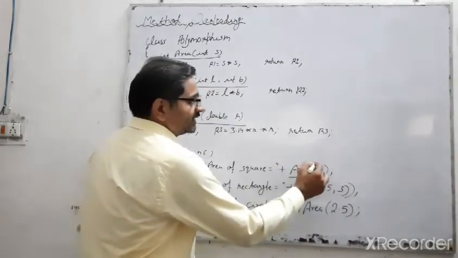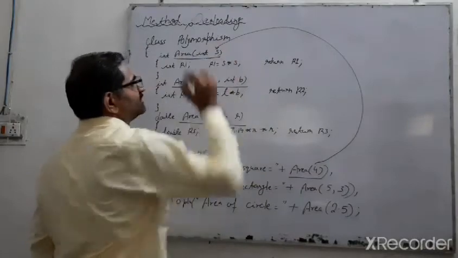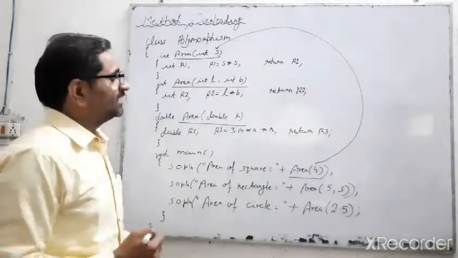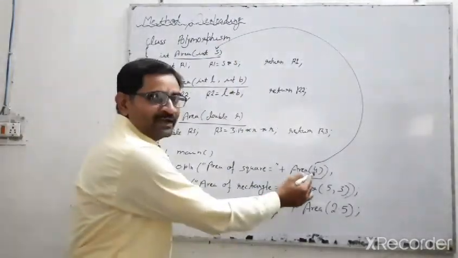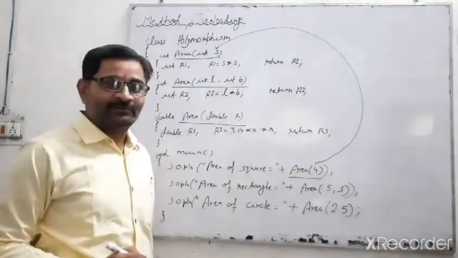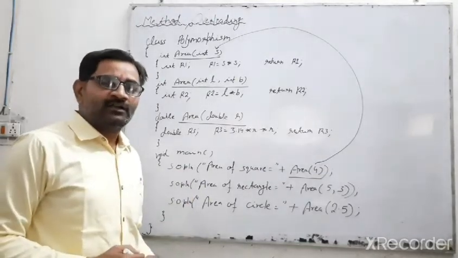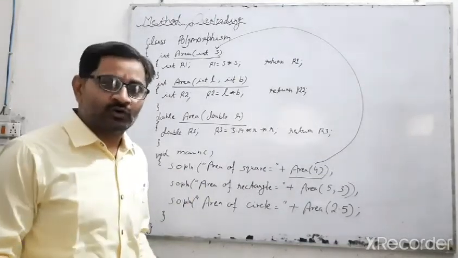It means this call goes to this method, because we pass an integer value and the formal parameter is also of integer type. In this way the system can find out which function to call.